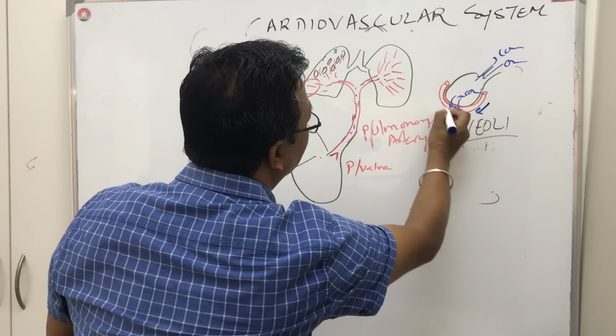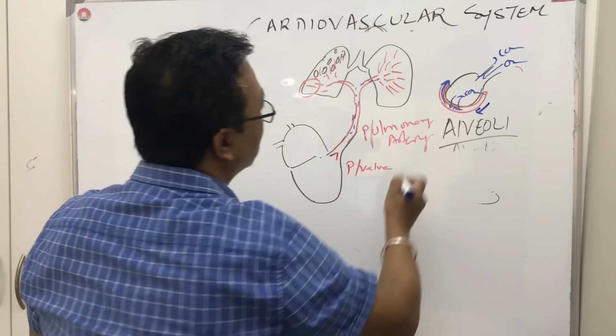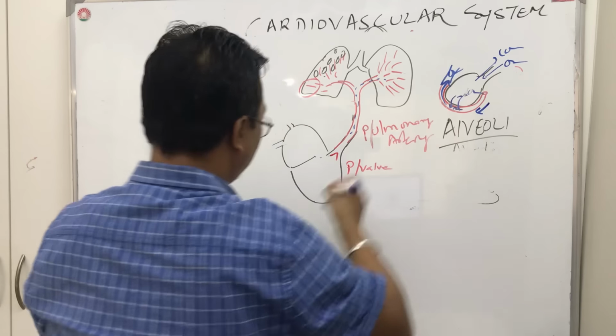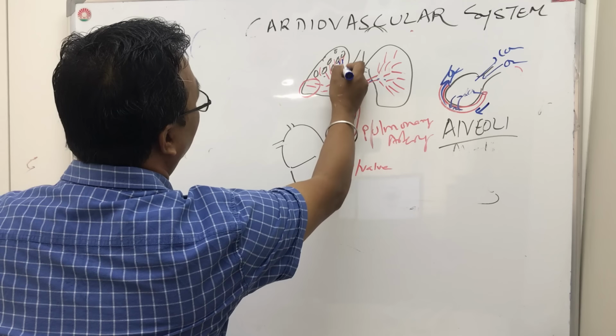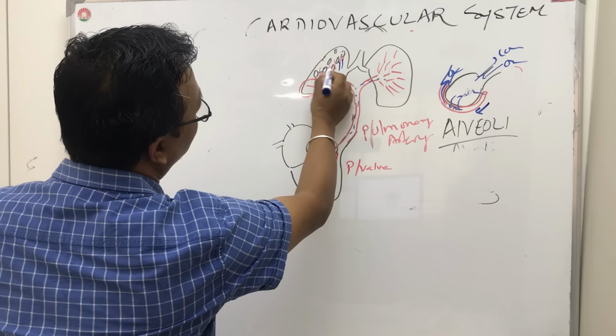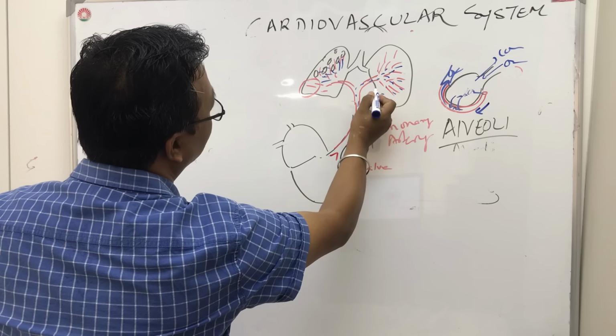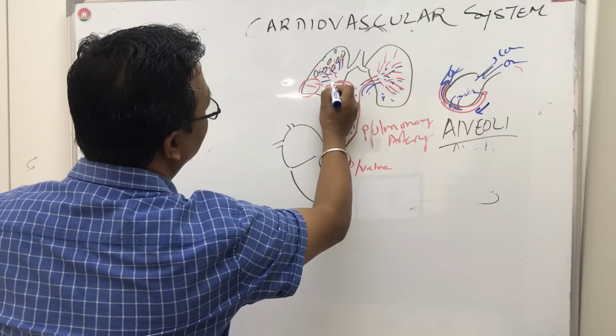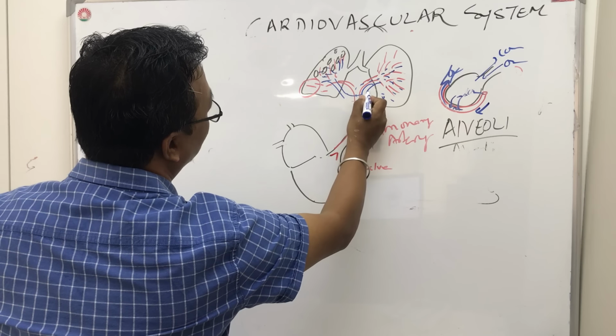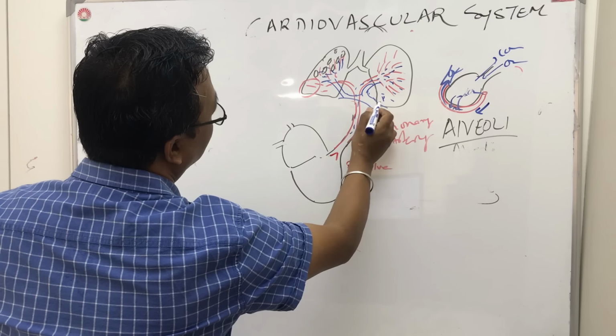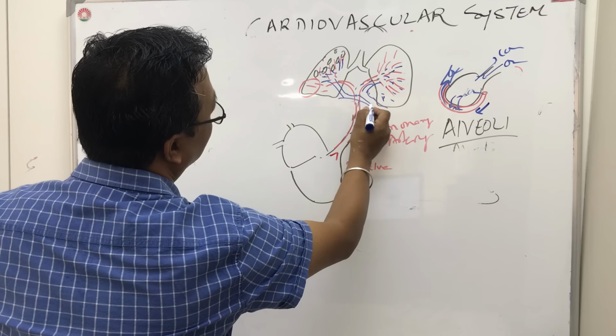So the blood that was coming this way now goes out carrying oxygen. All those small branches carrying oxygen will again join together. Where will they come?